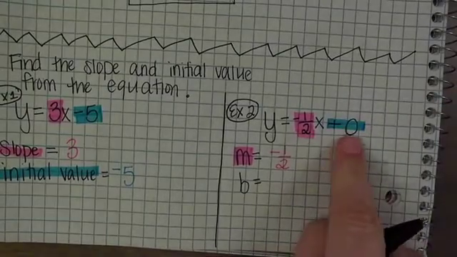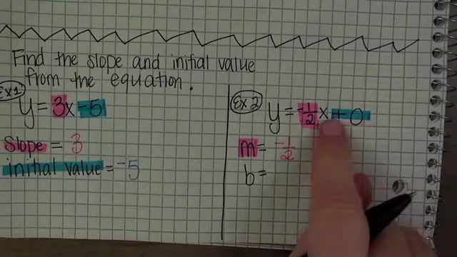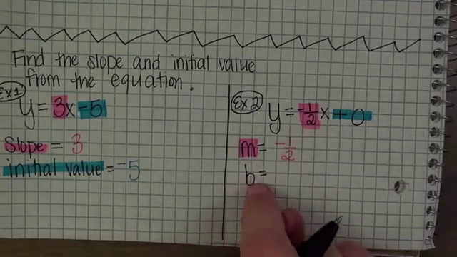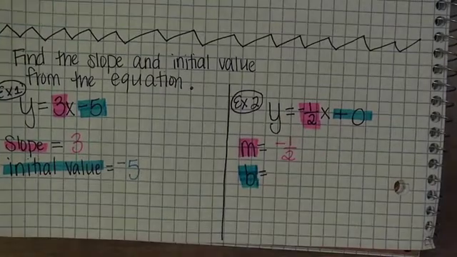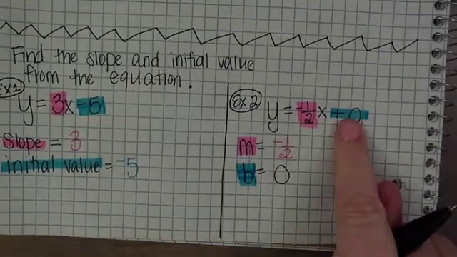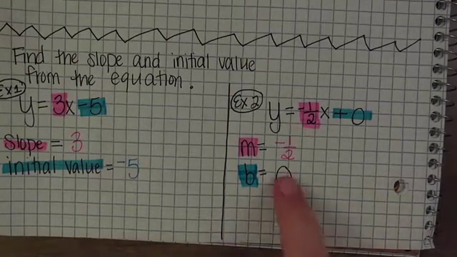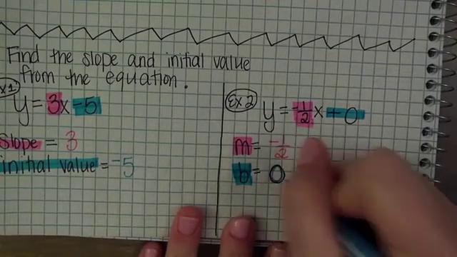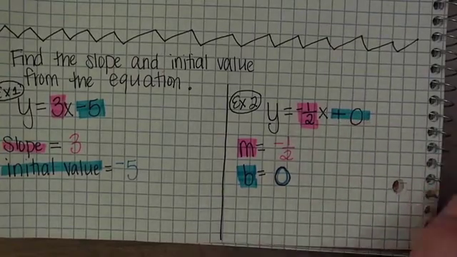If they start at 0, then you don't have to add anything. So we don't have to write +0, but if it's asking initial value or asking where it started, then you would know that you have to say it started at 0. It has to start somewhere. If it doesn't add something at the end, then that means it's starting at 0. I don't know why I wrote that in black, but I'll write it in blue. So the b value would be 0 because there's nothing adding at the end back there.